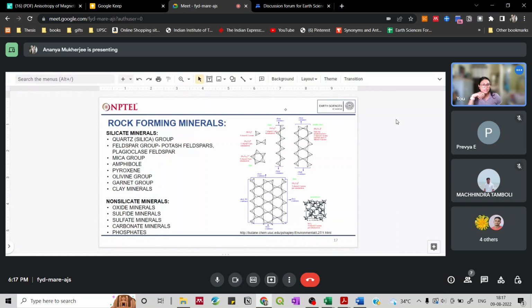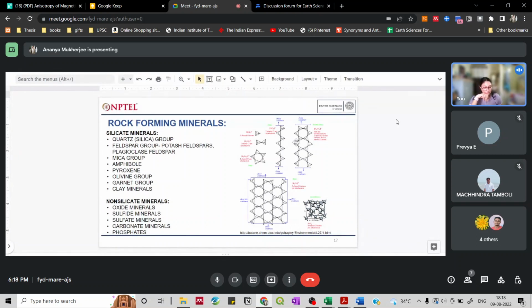Okay, then you have a single chain of the tetrahedra joined together, and then you also have a double chain. Okay, so these are called inosilicates. One is single chain inosilicates, and this is the double chain inosilicates. Now, for the single chain inosilicates, you will find an example in amphibole, I think.